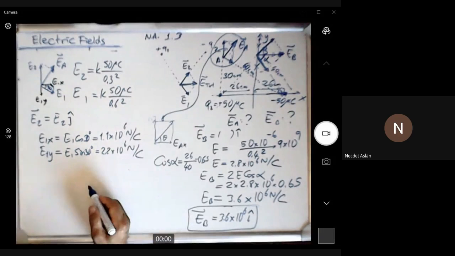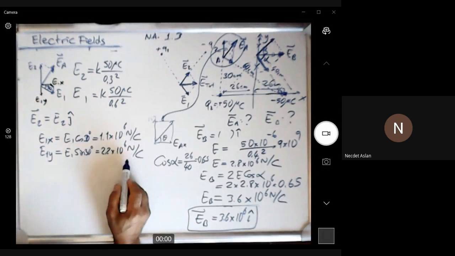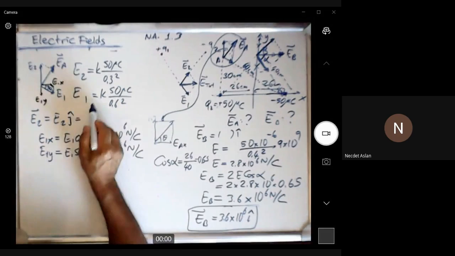Good. Now we know all these numbers, and let's also calculate this E2.